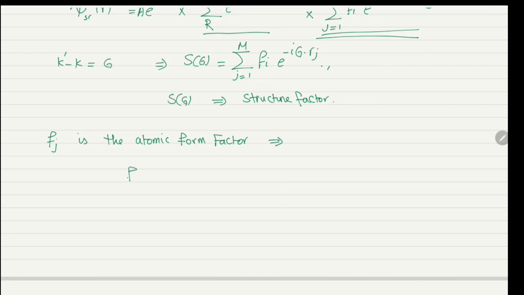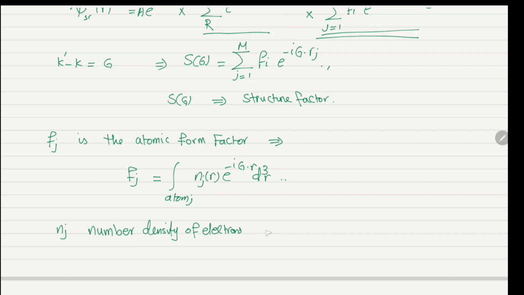which is defined as f_j equal to the integration over atom j of n_j(r) e to the minus i G dot r d cubed r, and n_j is the number density of electrons in atom j, and the origin of coordinates for the integration is taken to be the center of the atom.